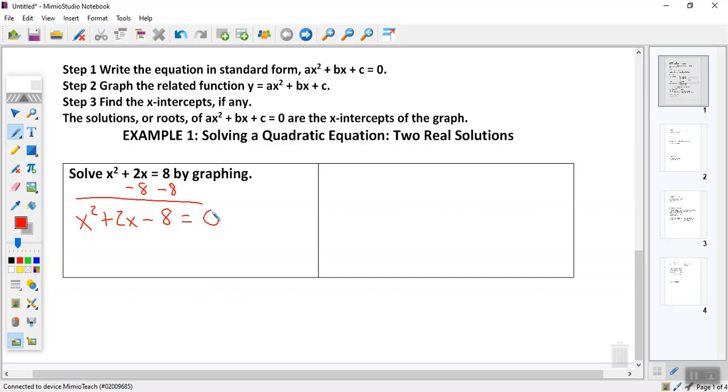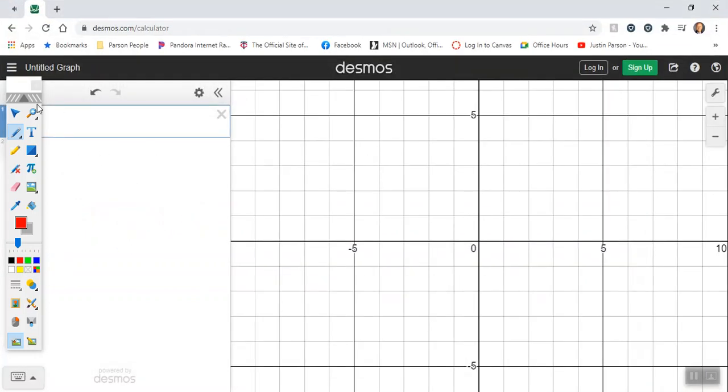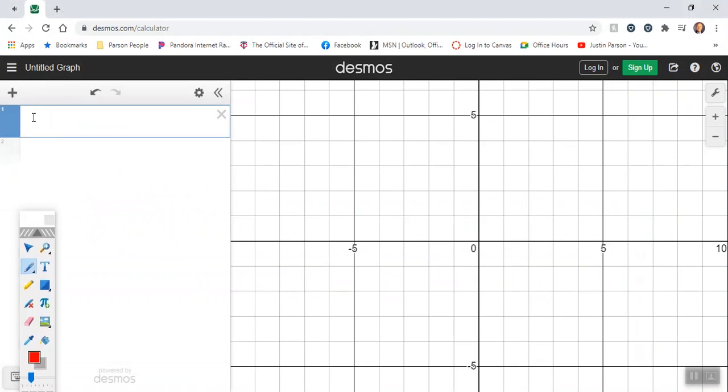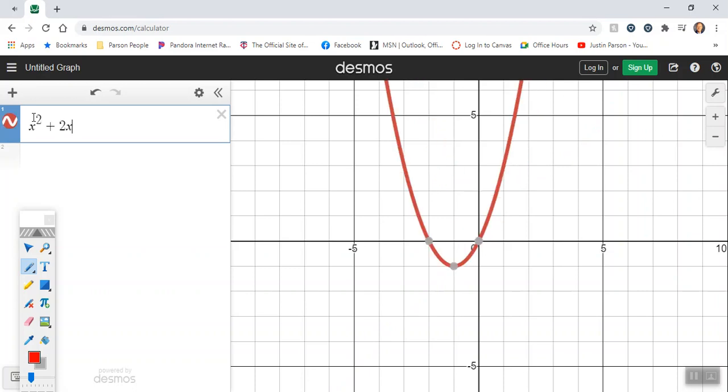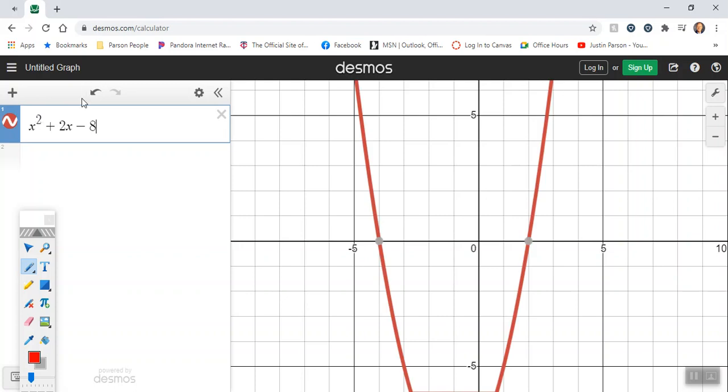So what we're going to do is jump into decimals. And we're going to say, all right, I'm going to type in, oops, I don't want the caps lock on, x to the second. What was the rest of it, kids? Plus 2x. Now we've looked at finding zeros algebraically here, but guys, what we're looking at now is this.